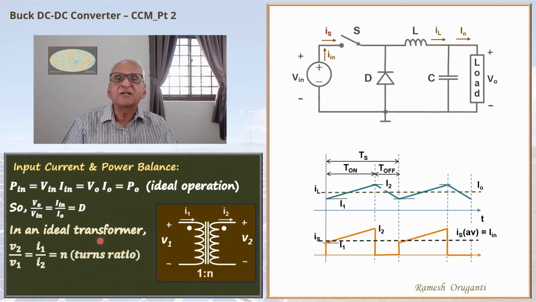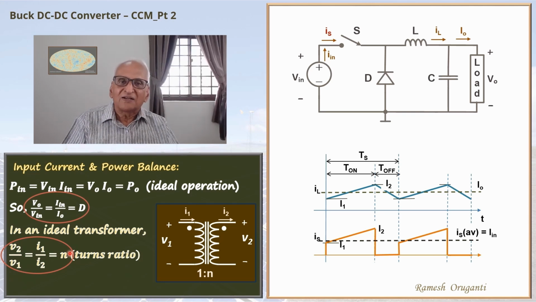Notice the similarity between these two equations. V_0 by V_in equals I_in by I_0 equals D. V2 by V1 equals I1 by I2 equals N. They are both similar. So the DC-DC converter works like a transformer, but for DC.